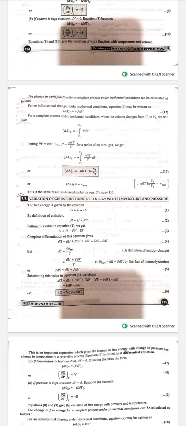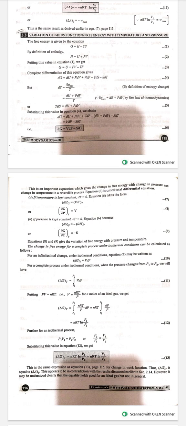Putting P is equal to nRT by V for n moles of ideal gas, and integrating from V1 to V2 of nRT by V dV, delta A at constant T is equal to nRT log of V2 by V1. Delta A at constant temperature is equal to W max.